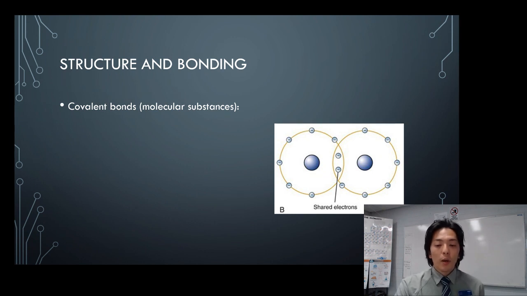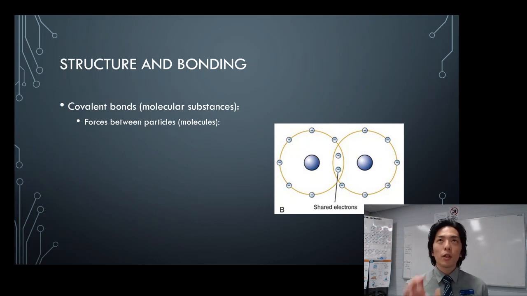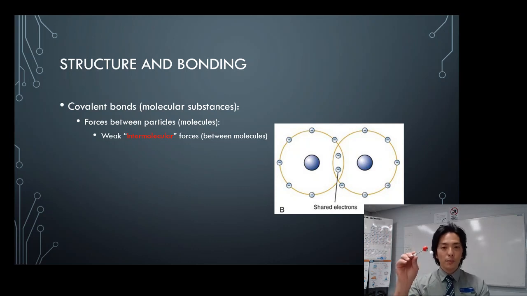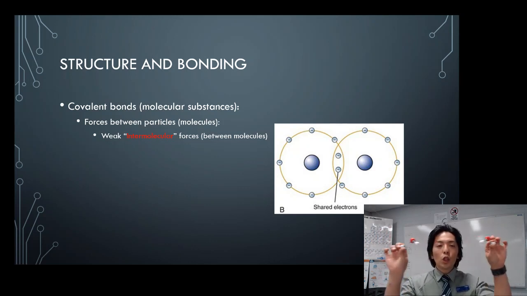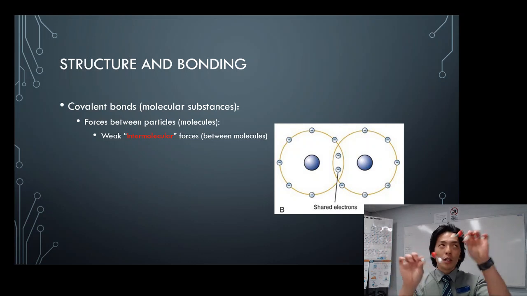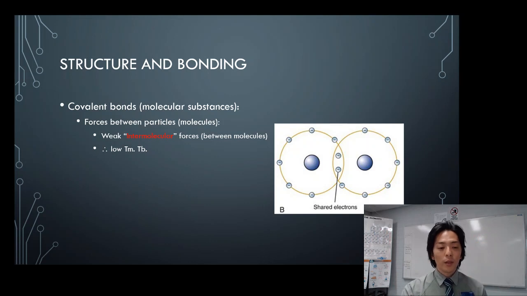Now, covalent bonds can also cause the smallest unit to be small, which is called the molecule structure. The forces between the particles, so I'm talking about this particle and this particle, that will be intermolecular force, which is happening always between the molecules, which means compared to covalent continuous structure, it will have much lower boiling point and melting point.